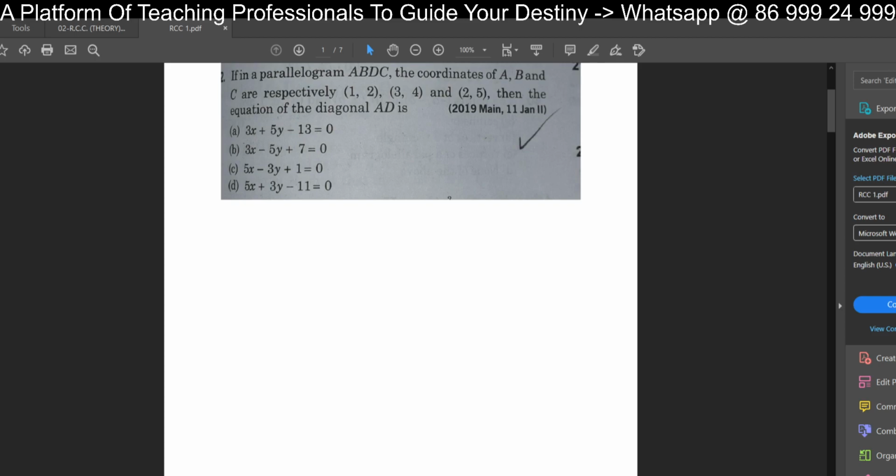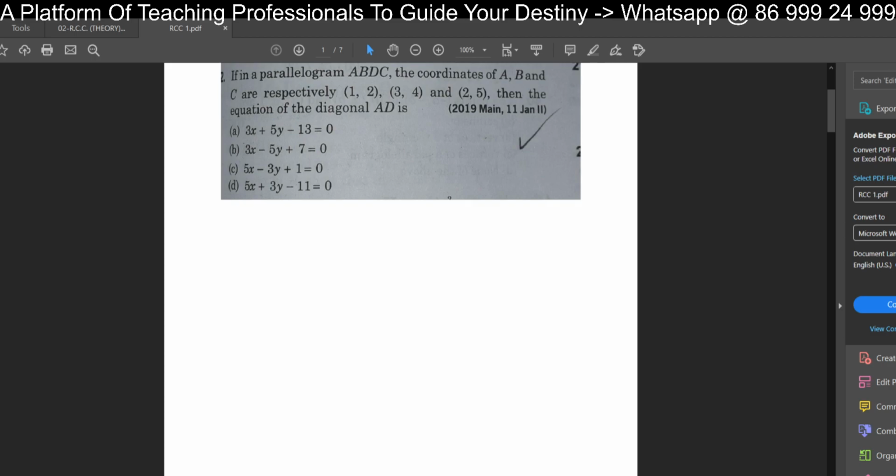See, so which is the answer? C is the answer. So this we did using verification.